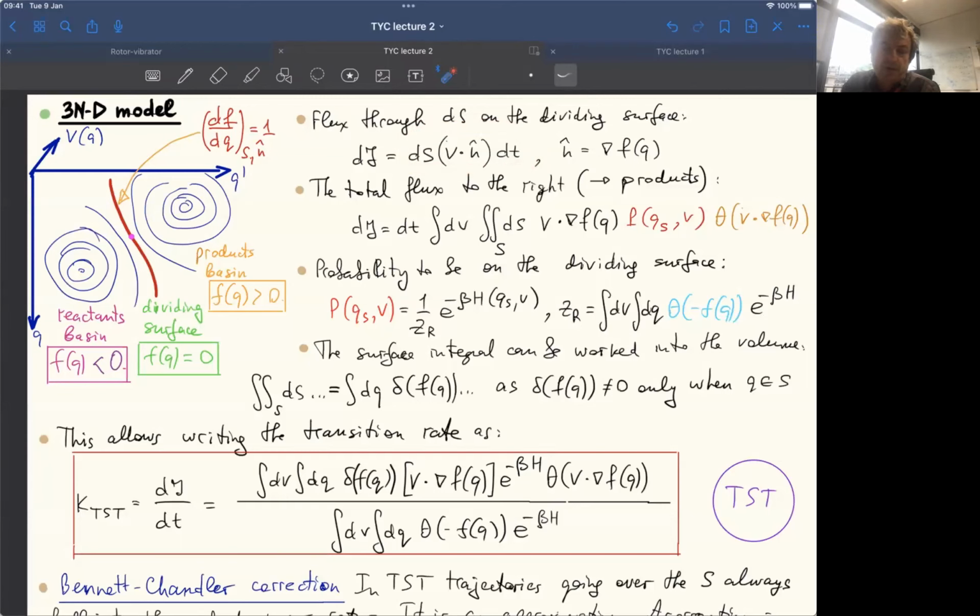You always come across these types of expressions. What is the number of transitions one can make through a surface area ds per unit time? This is what this is actually. And the normal is determined by the gradient of my function f I just introduced to you.